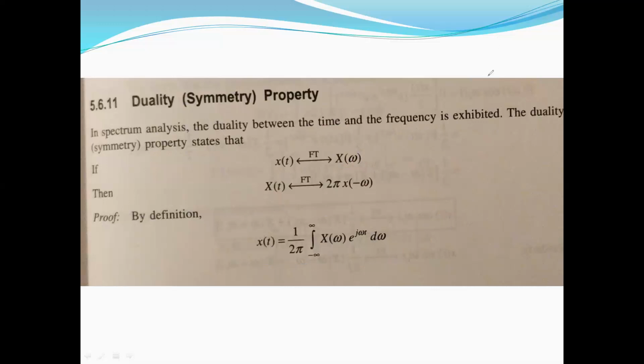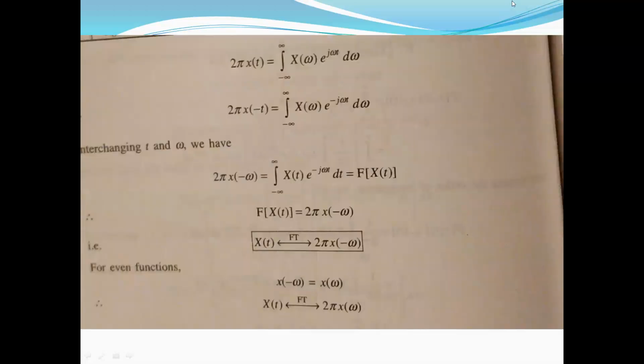Then in the next part, we just multiply 2 pi to the other side, to the left hand side. Then we just substitute t as minus t. Since t is substituted as minus t, the positive exponential will become a negative exponential.